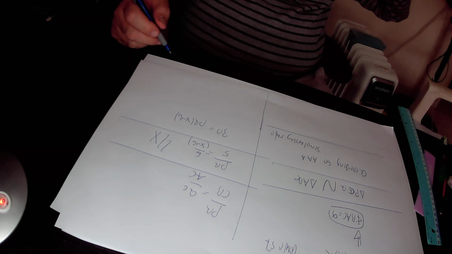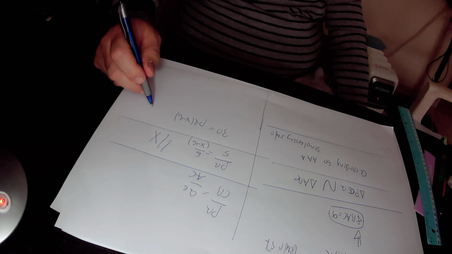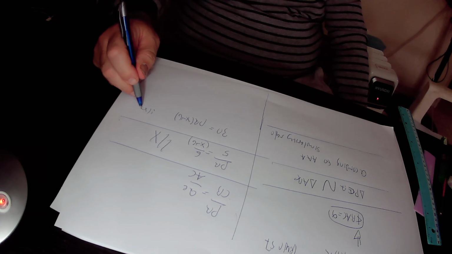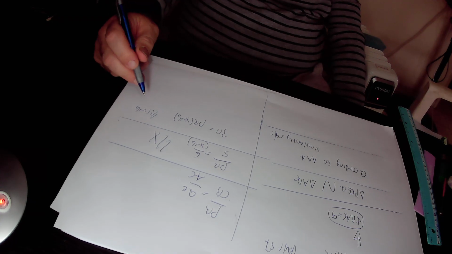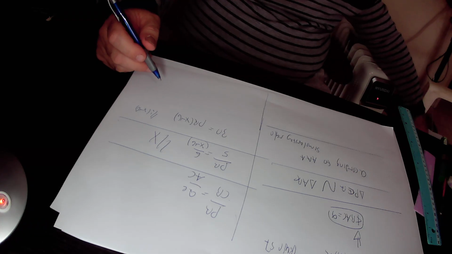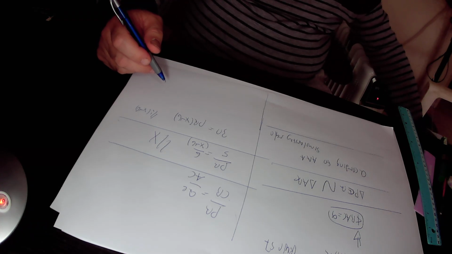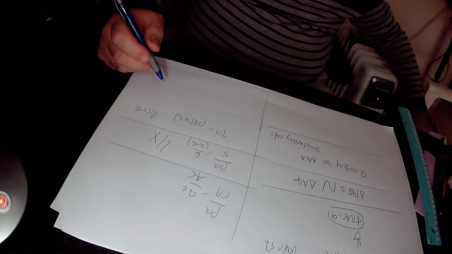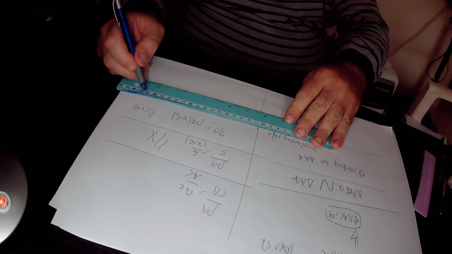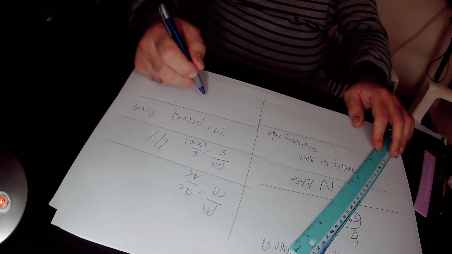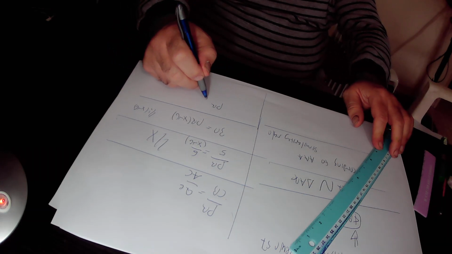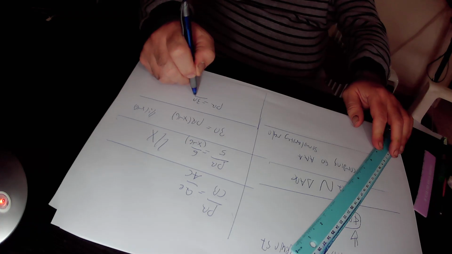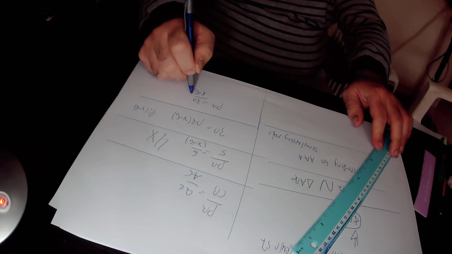Here we divide this equation by x plus 6, and we get that the missing side PQ is equal to 30 over x plus 6 units in its length.